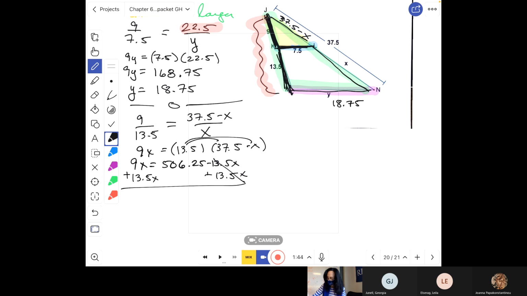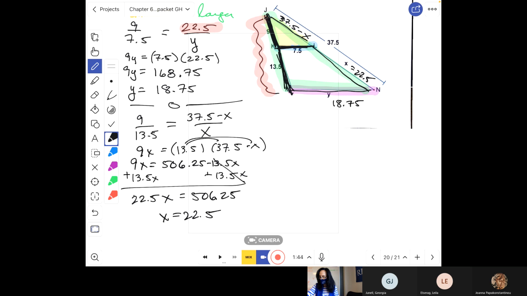So what's on the left-hand side? So what is x? Yes. So my ratio was 22.5 over 37.5 is equal to 13.5 over x.